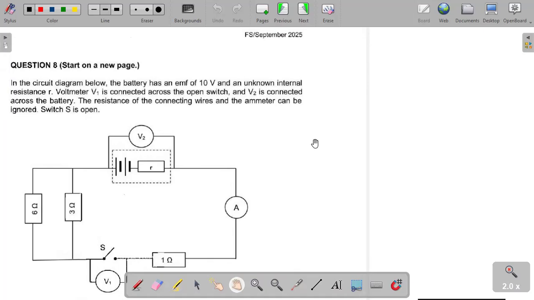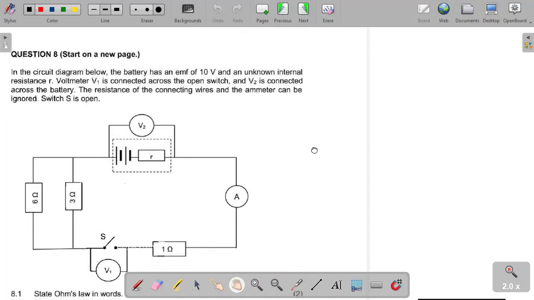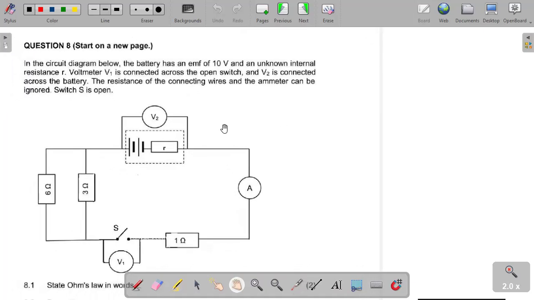They say, in the circuit diagram below, the battery has an EMF of 10 volts and an unknown internal resistance R. Voltmeter V1 is connected across the open switch, and V2 is connected across the battery.